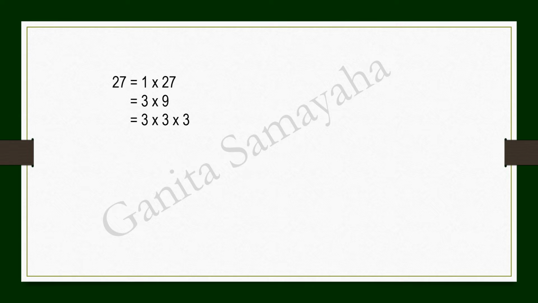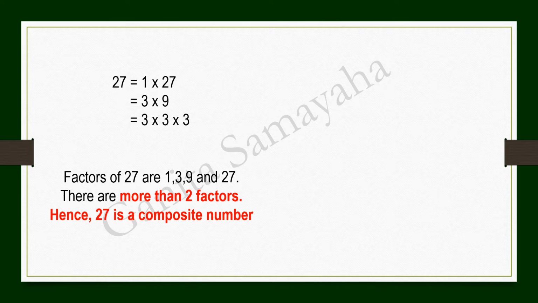Okay, children, 27 can be written as 1 into 27, 3 into 9 or 3 into 3 into 3. So this means that 27 has got factors as 1, 3, 9 and 27. So what can you say? Is it a prime number or composite number? Yes, it is a composite number since it has got more than 2 factors. Okay, hence 27 is a composite number.